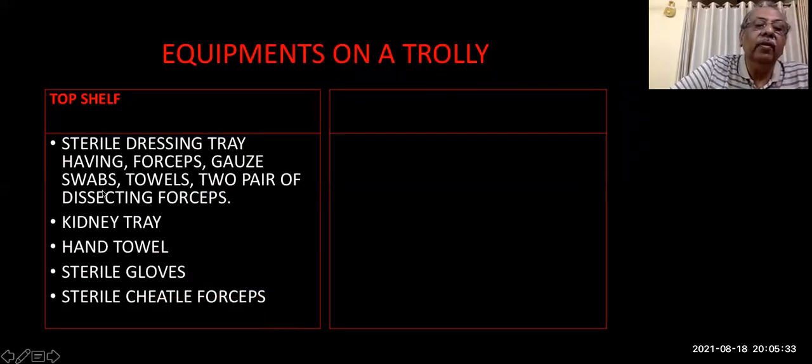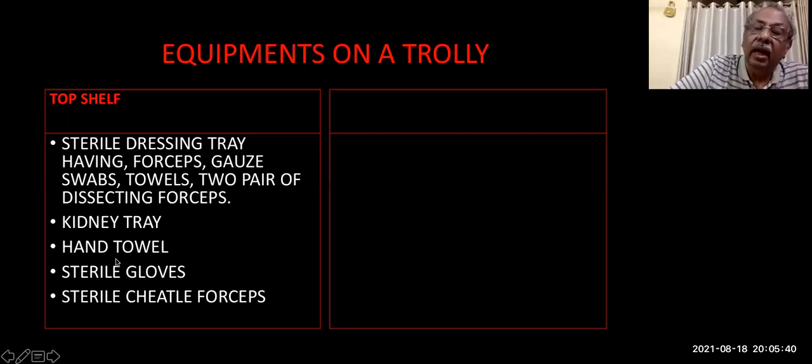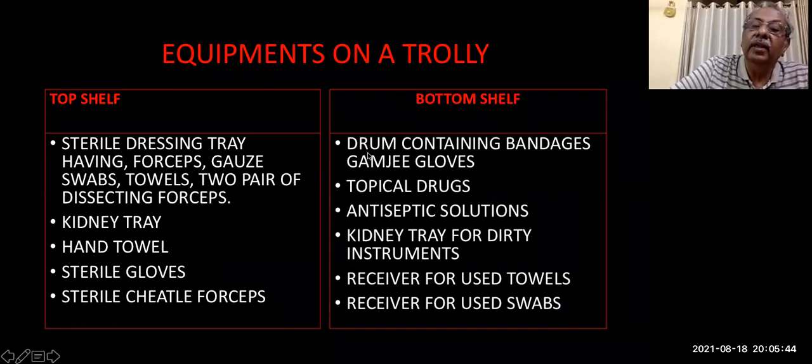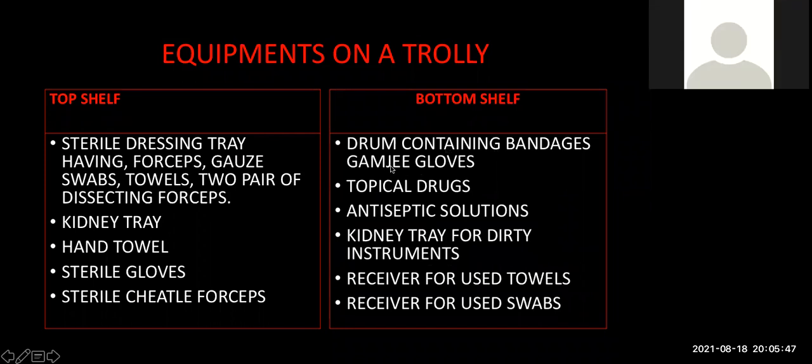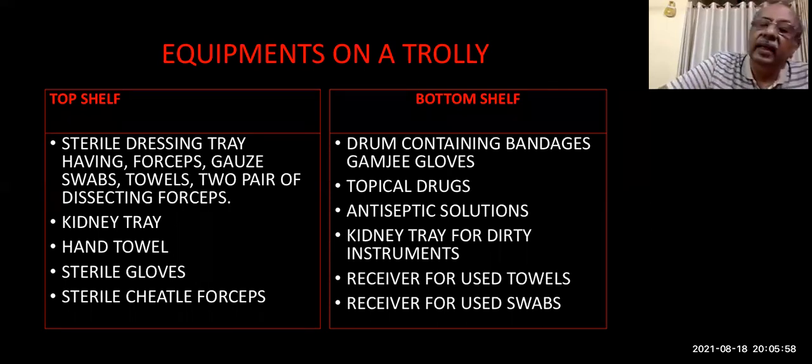In the top shelf, you remember, are the sterile things and clean things kept on the upper part. And then in the bottom shelf, it is mainly the drum containing bandages and Gamgee pads. Then drugs, antiseptic solutions, and then all the unsterile things: the kidney tray for dirty instruments, receiver for used towels, and receiver for used swabs. These are the ones in the bottom shelf.